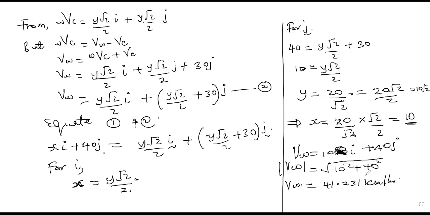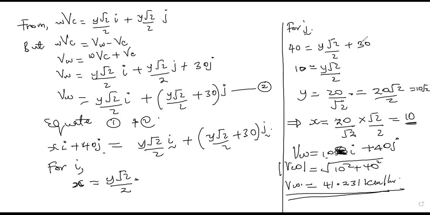And from this, you can get the magnitude because you already have the components 10i plus 40j. So we've gotten the magnitude, so you can get the direction.